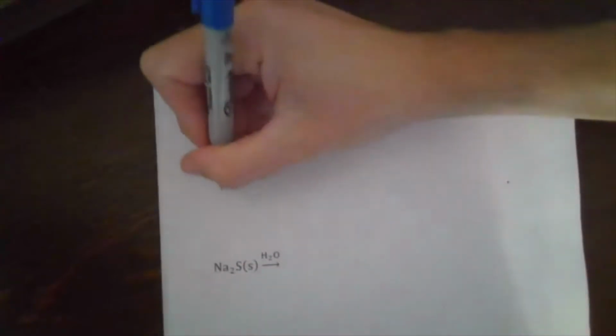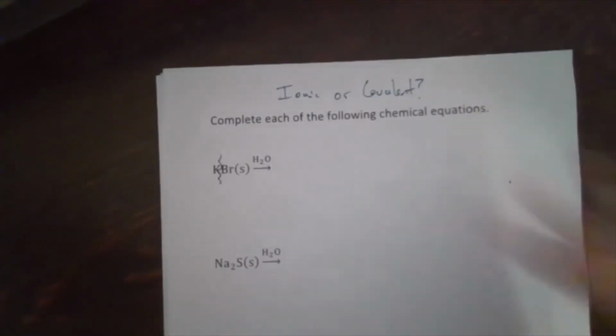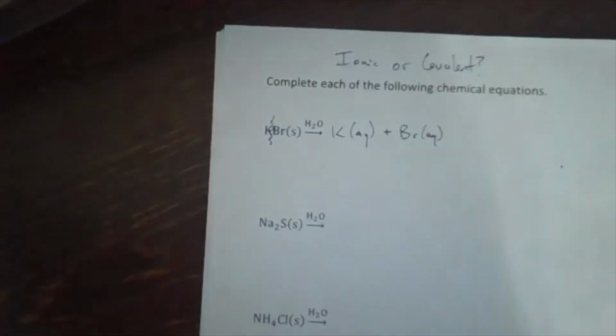And so since it is ionic, we know that ionic compounds separate out into their ions when they dissolve. So I have the K and I have the Br. I know that they're going to turn into independent K aqueous plus Br aqueous. They're going to be aqueous, which means that they're actually dissolved in that solution.